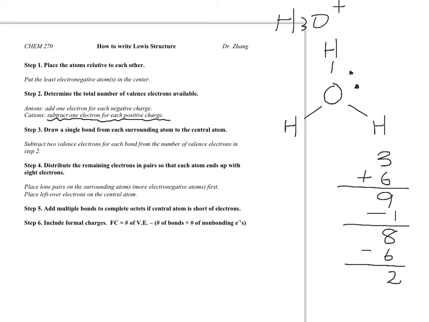For oxygen, number of valence electrons is 6, number of bonds is 3, and number of non-bonding electrons is 2, so calculated out it's a positive 1. In this case, oxygen has a positive formal charge.